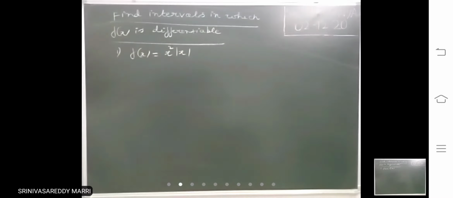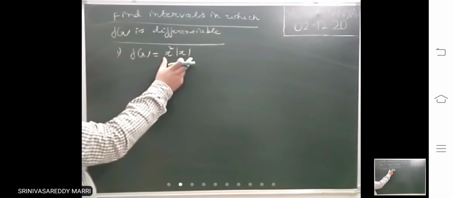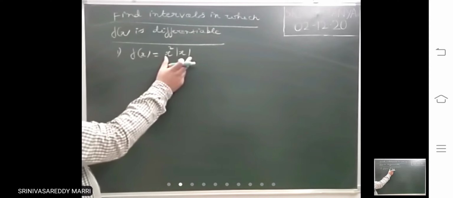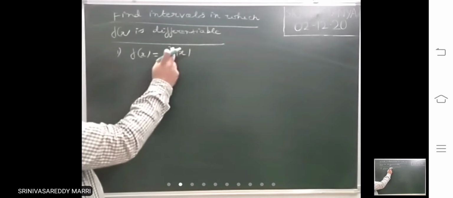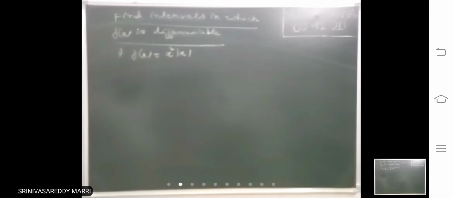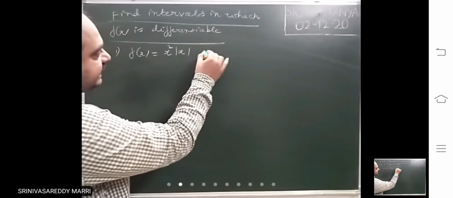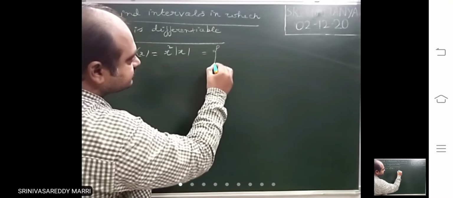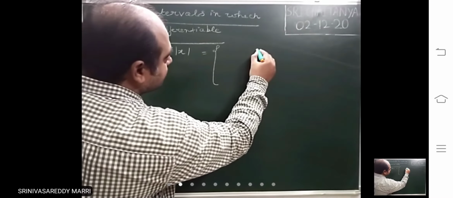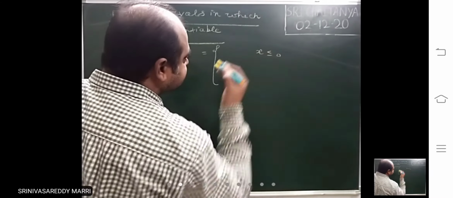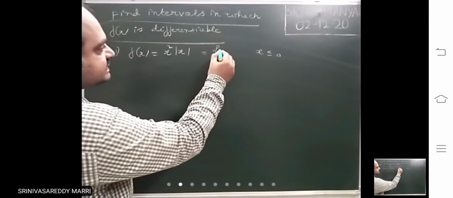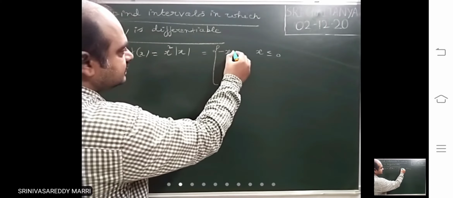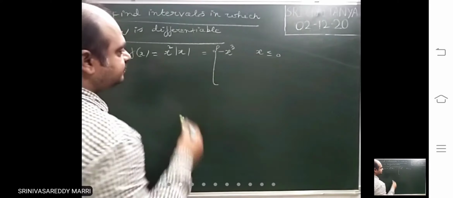x squared modulus x. He will not give separate rules, only one rule is given like this. But you know that this will have two rules, plus x and minus x. When x is less than or equal to 0, this will become minus x, that means minus x cube.